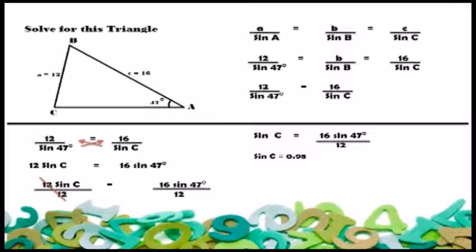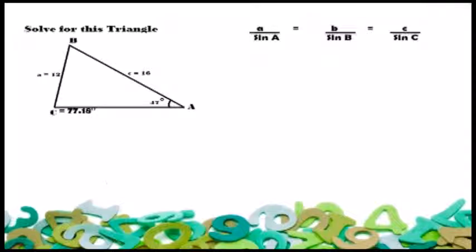To get the value of angle C in your scientific calculator, press the shift button, the sine, and your answer 0.98, and hit equal. You will get the value of angle C, which is equal to 77.18 degrees.